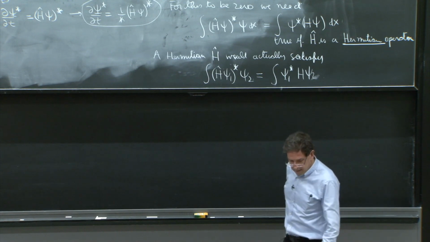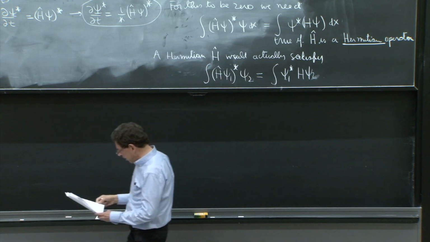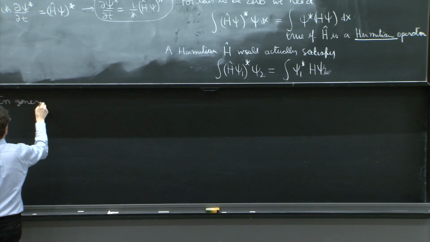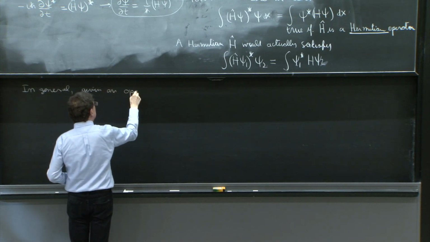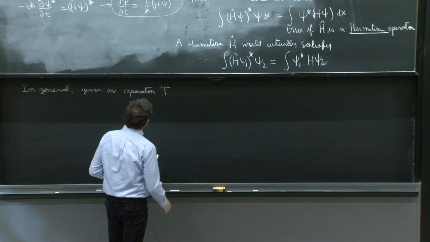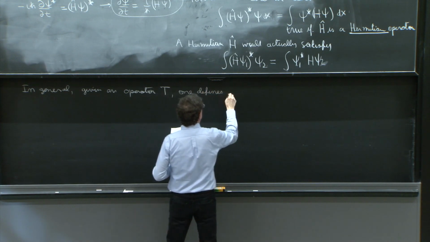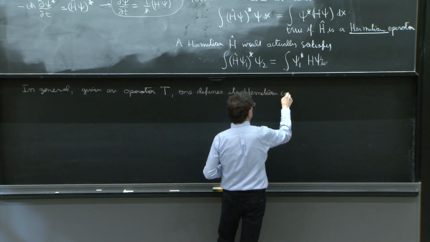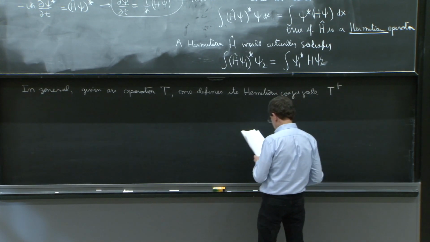So this is what is called a Hermitian operator, does that. But in general, given an operator T, one defines its Hermitian conjugate T dagger as follows.